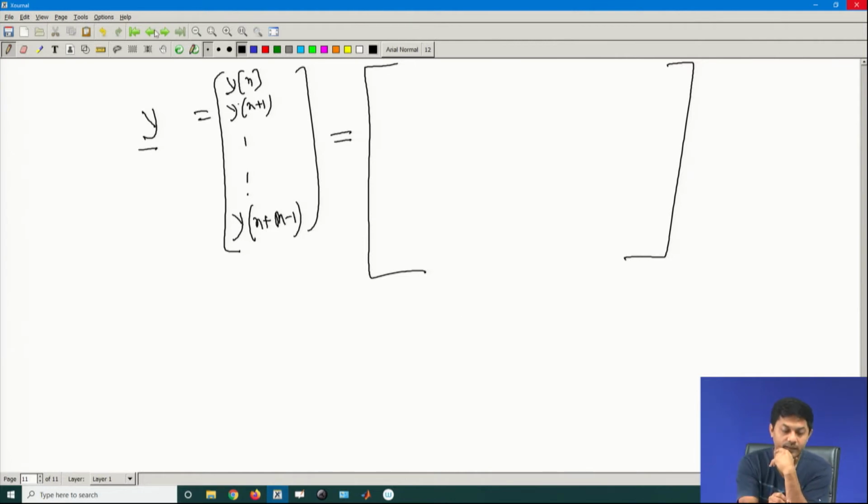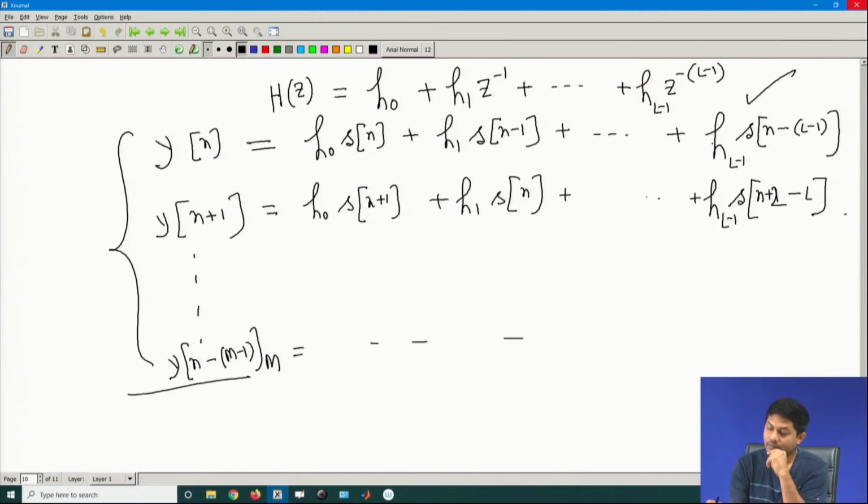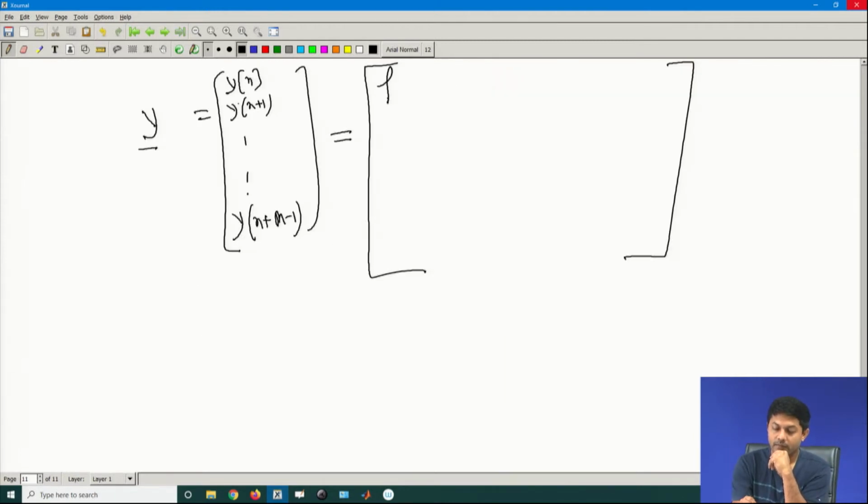Okay. So, who are they? Here you can just look at the complete data. Okay. So, how do I create it? You can say H(L minus 1), H(L minus 2), dot dot dot H0, and the rest will be all 0, right.